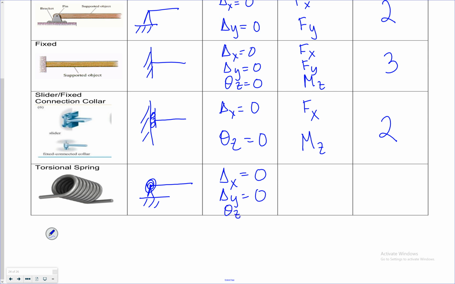It's going to have some type of rotation, and it's going to have a horizontal and vertical reaction force and a moment preventing that full rotation, similar to a pin, right? That moment is constraining the rotation that just a plain pin would allow. So 1, 2, 3.